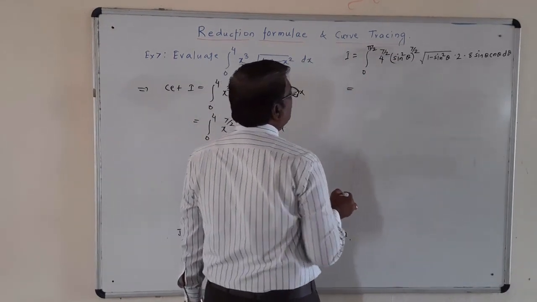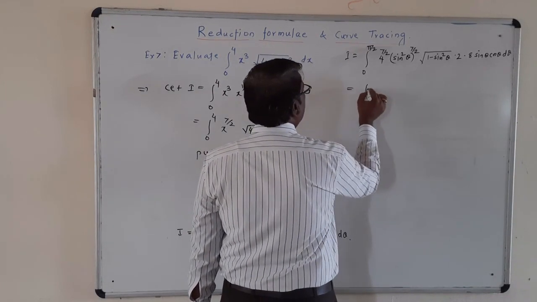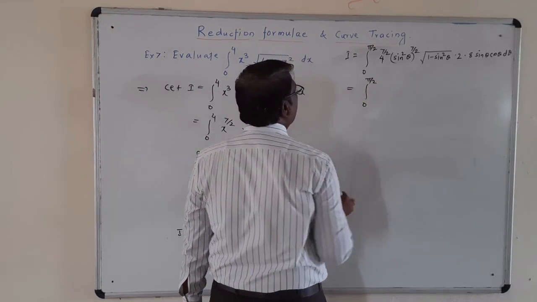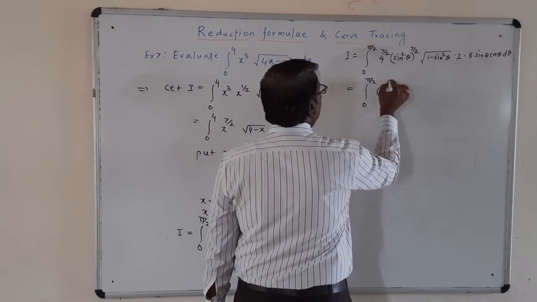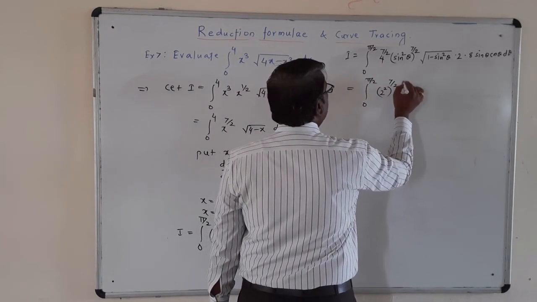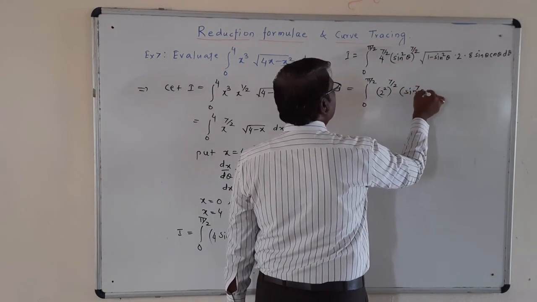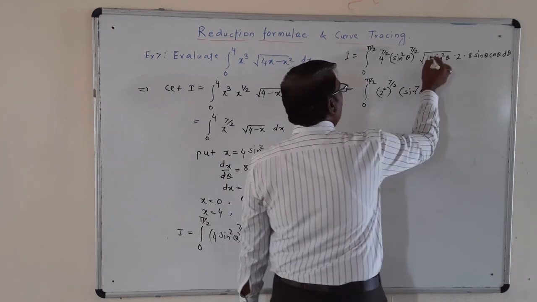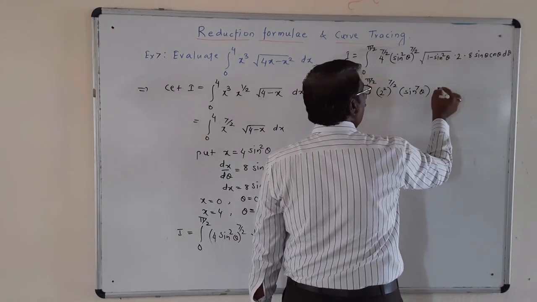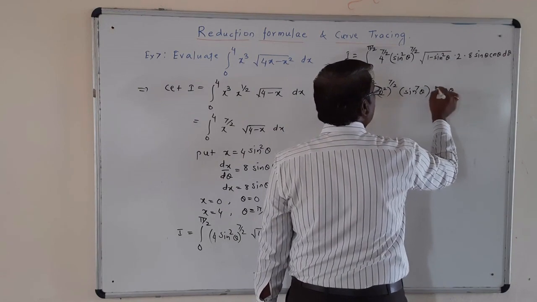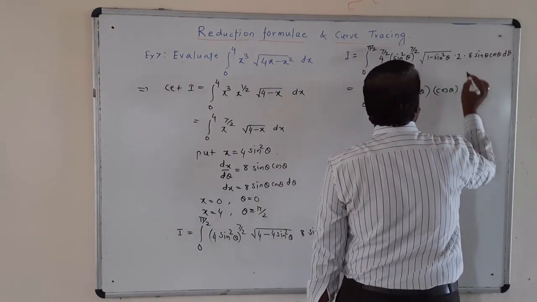So this is nothing but integration 0 to pi by 2. So this 4 can be written as 2 square raised to 7 by 2. Sin square theta raised to 7 by 2, it is sin raised to 7 theta. Root of 1 minus sin square theta, it is cos square, and again its square root, it is cos theta. And then 8 into 2, it is 16.